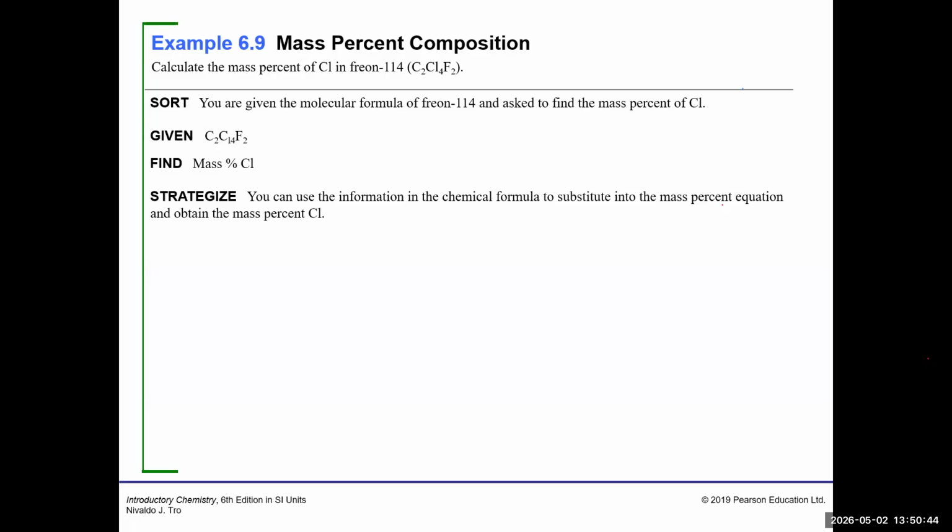C2Cl4F2. You are given the molecular formula of Freon 114 and asked to find the mass percent of chlorine. We use the same strategy. We have C2Cl4F2, and we find the mass percent of chlorine.